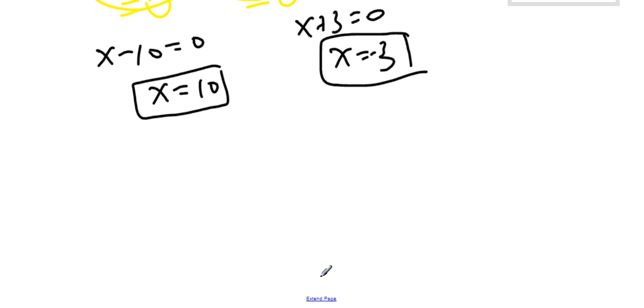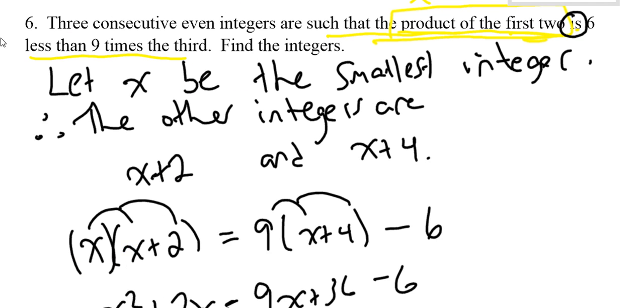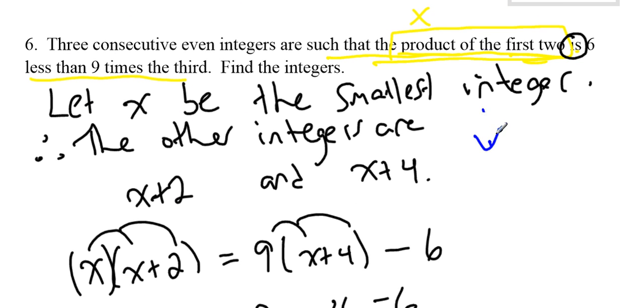So if x was 10, what would my numbers be? Well, I would have 10, 12, and 14. If x was negative 3, now hold on. Didn't I say, or mean to say, that x must be even? Oh boy, my eraser just went crazy.